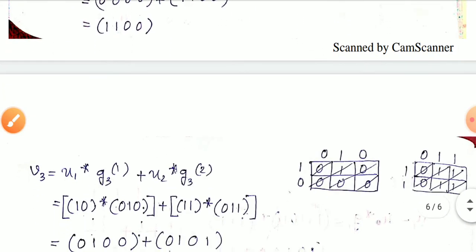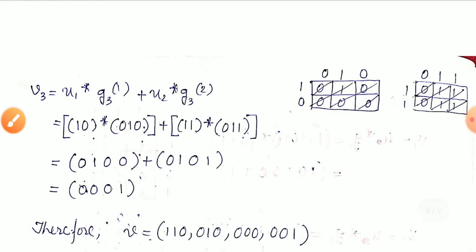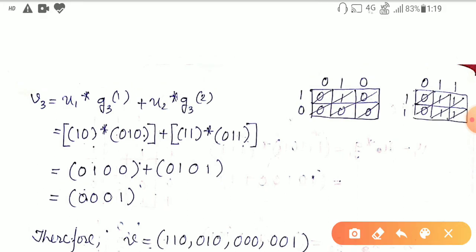And for v3, because three output lines are there, v3 is obtained the same way. Again, I repeat that g3 defines the output terminal line for the generator, and the superscript is defined for the input you are considering, and g3 is for which output line you are choosing.